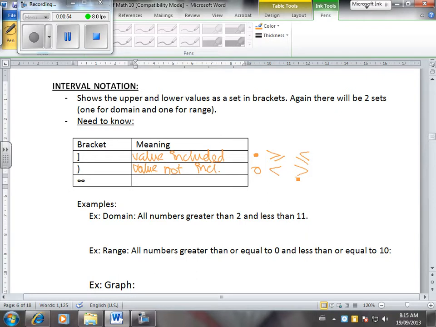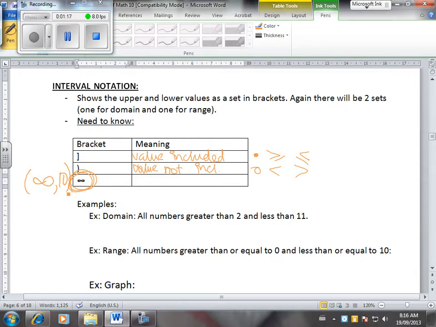In interval notation, you can use infinity. Use infinity if you only have one limit. So if you only have an upper limit, like say the maximum value is 10, your lower limit would be infinity. So it would be something like that. And let's say we used a hollow dot.